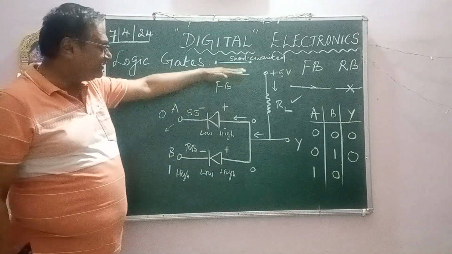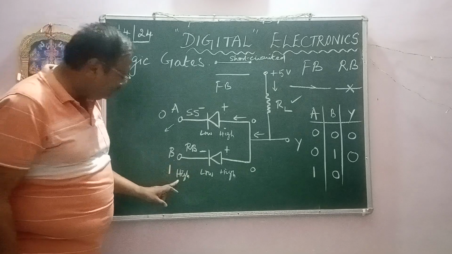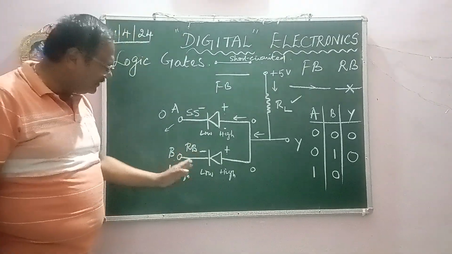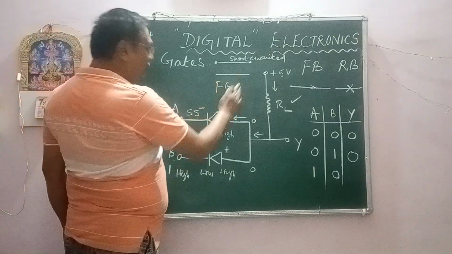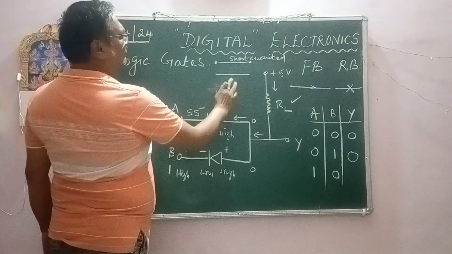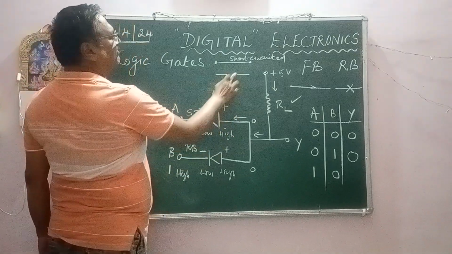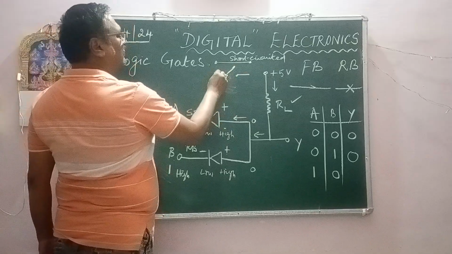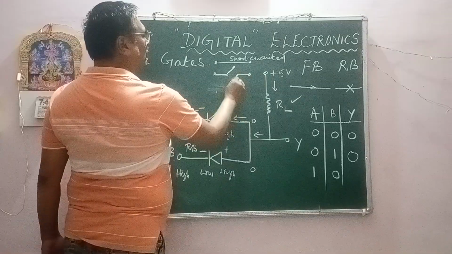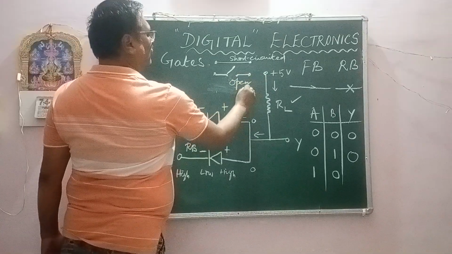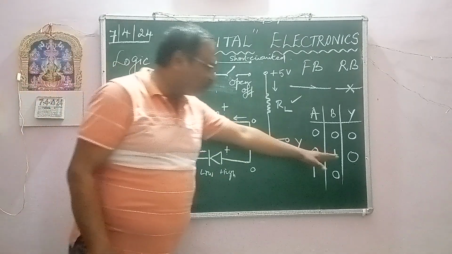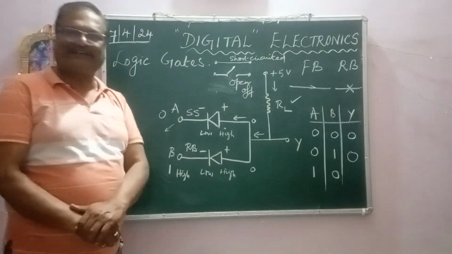And here, this is high, but this is low, so naturally it is reverse biased. When it is reverse biased, you can imagine it to be an open circuit, an off state, so no current will flow through. So the output is zero. I hope you understand.